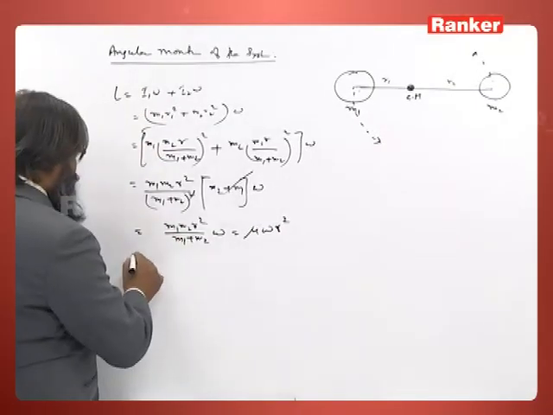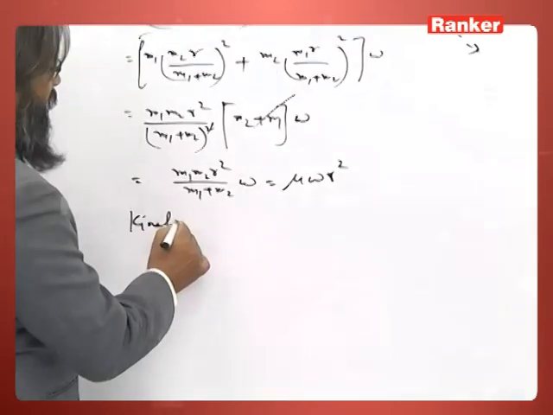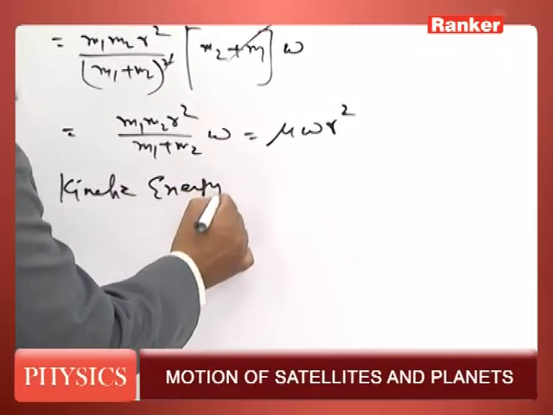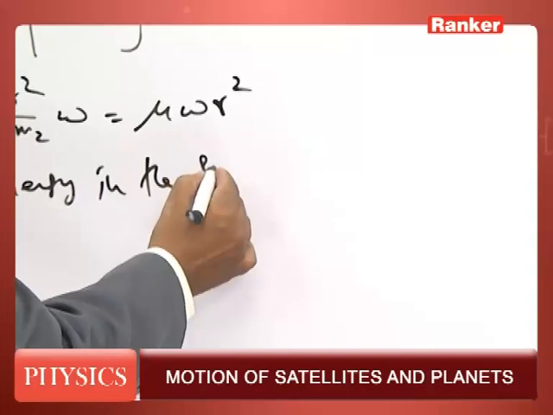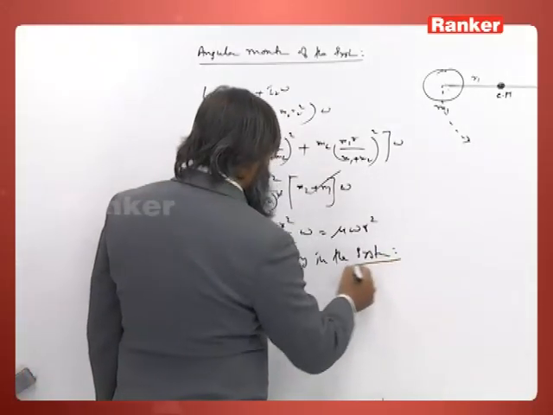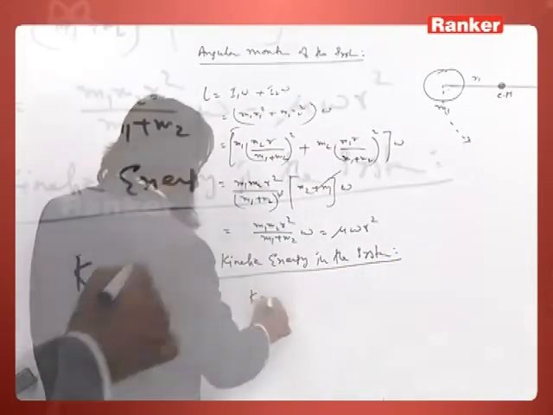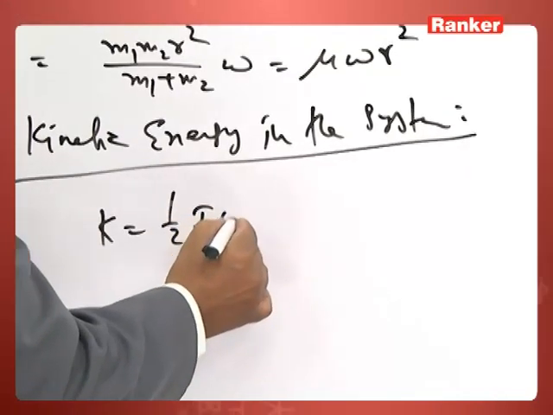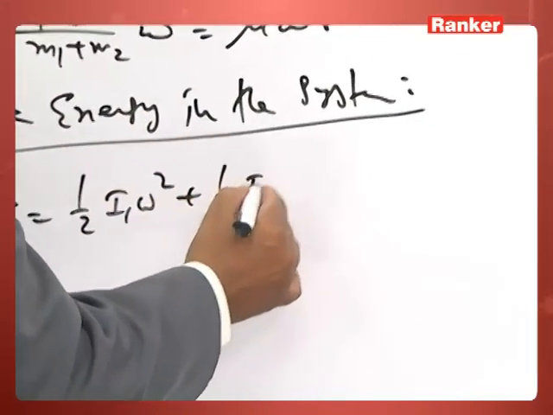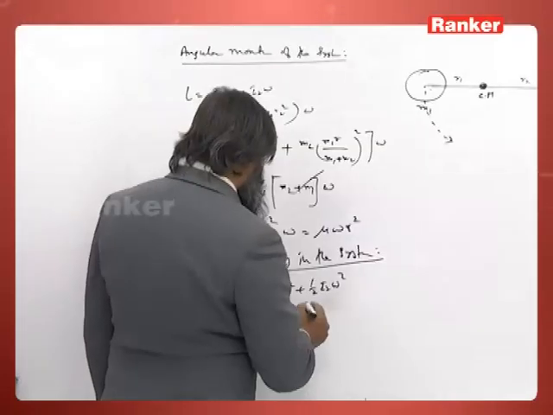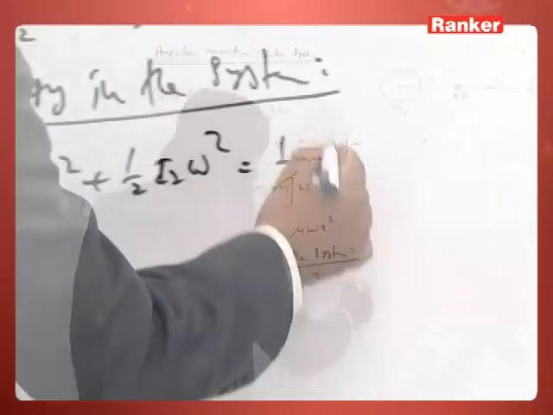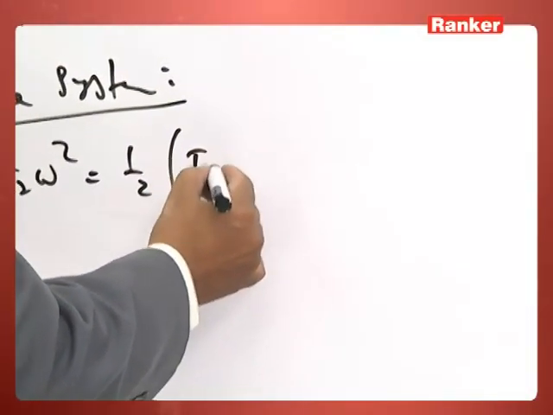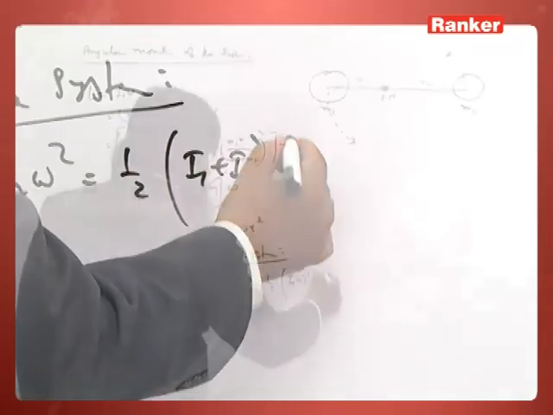Now, let us calculate the kinetic energy in this double star system. K is half I1 omega square and for the other body half I2 omega square. So, we have half I1 plus I2 omega square.